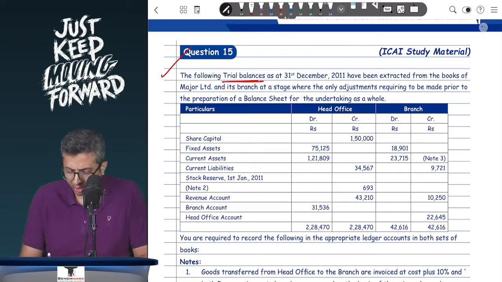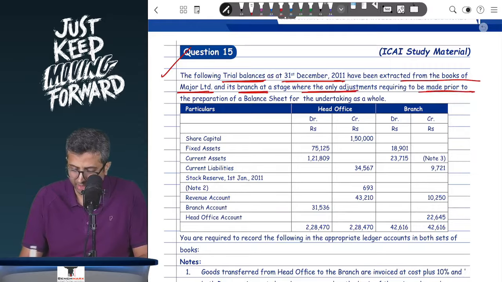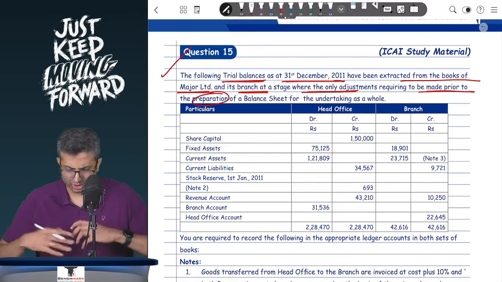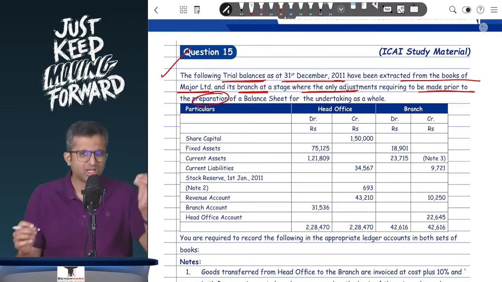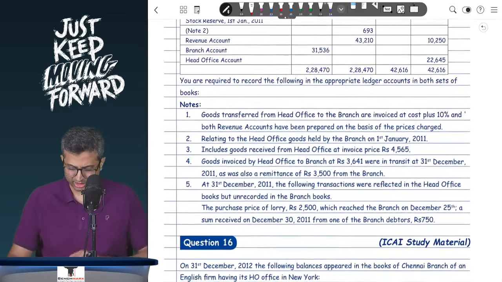The following trial balance as on 31st December 11 has been extracted from the books of Major and its branch at a stage where the only adjustments required to be made prior to the preparation of the balance sheet as a whole are a few other adjustments which are given below. So this is your final position.